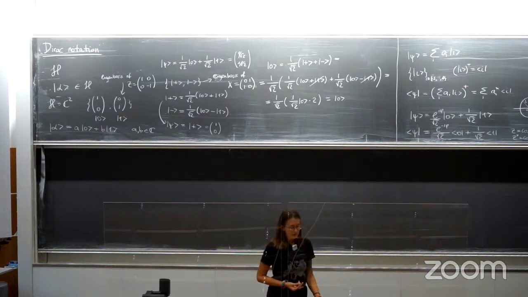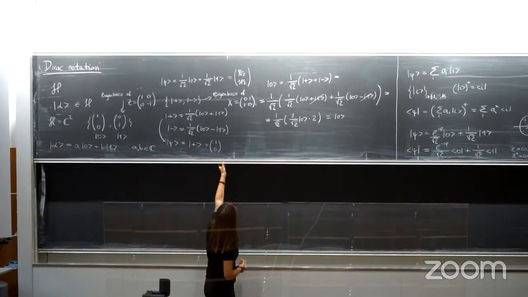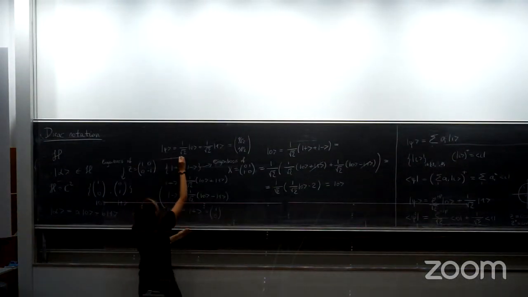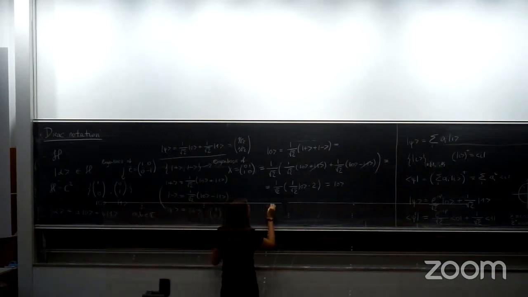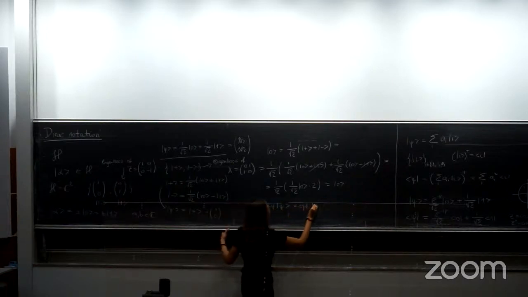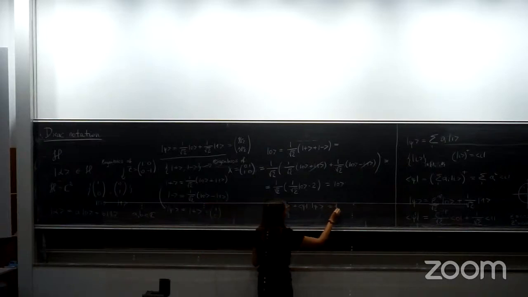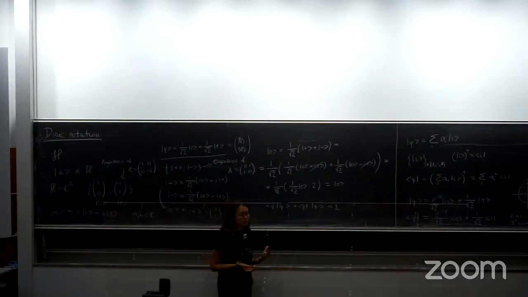What this means is that if we take this state psi, then bra psi ket psi, which corresponds to the inner product of the vector psi with itself, has to be 1. This is the constraint we impose on the vectors that can describe the state of a physical system.